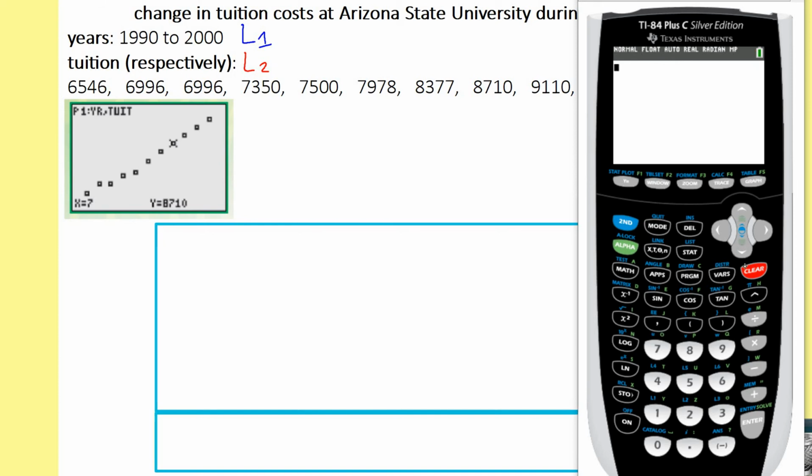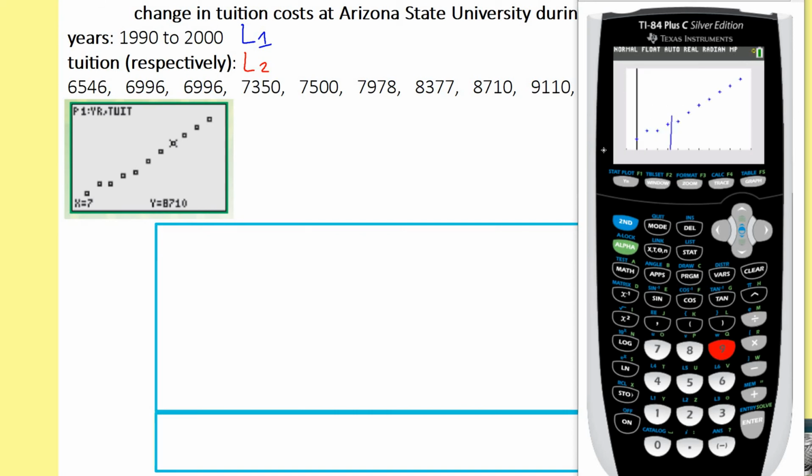So now we have the data. I would graph it first. You have to make sure your scatter plot looks good, because if it doesn't, we're just wasting our time. List 1 is my years, list 2 is my tuition. So zoom, stat. And here we go.